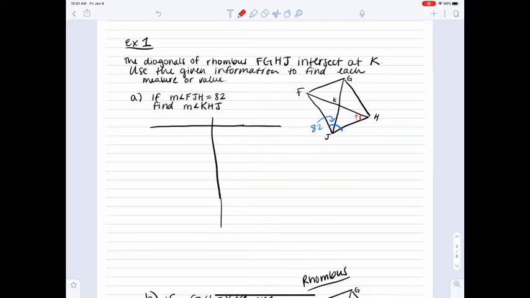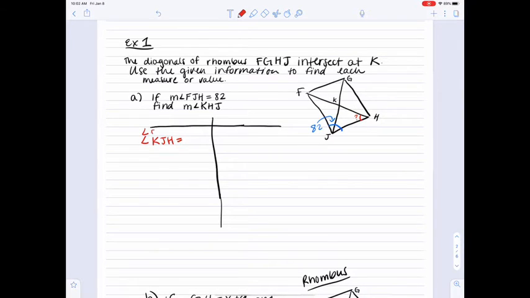Basically we can say that it's given that this is a rhombus, which is really helpful. So we know that this diagonal GJ cuts that 82 in half. So I know that angle KJH equals, well, first I'm going to do a line above it.